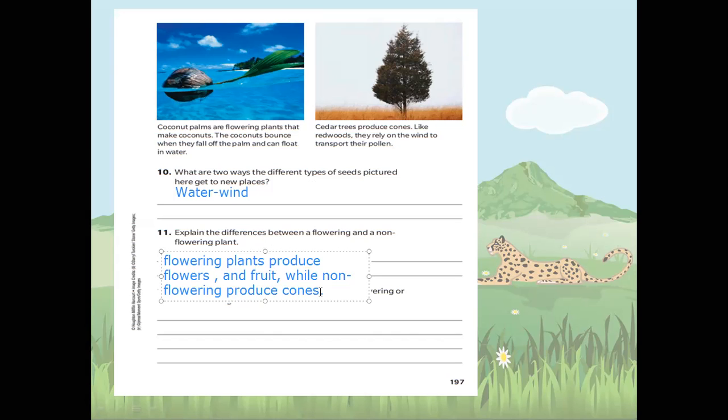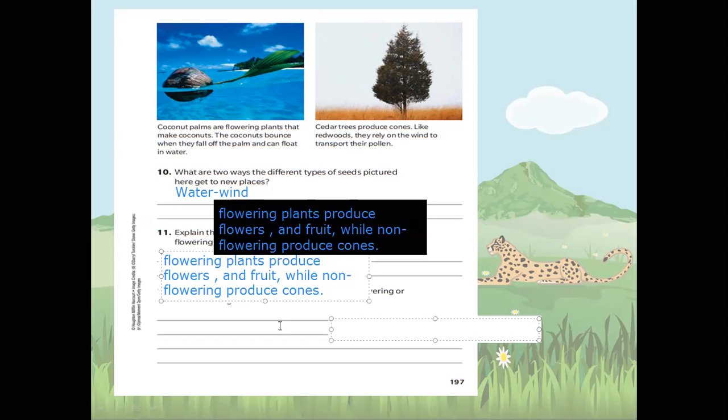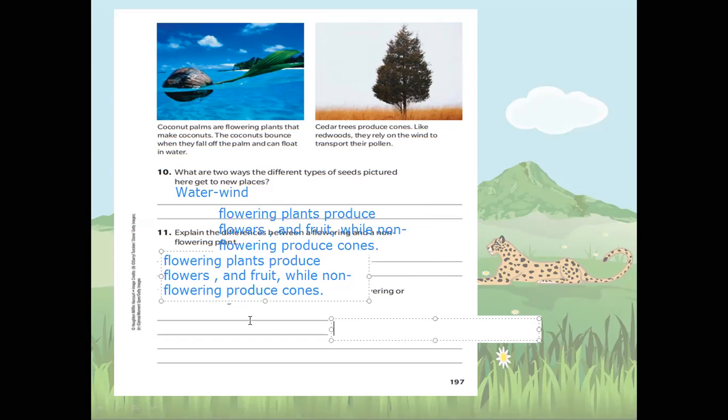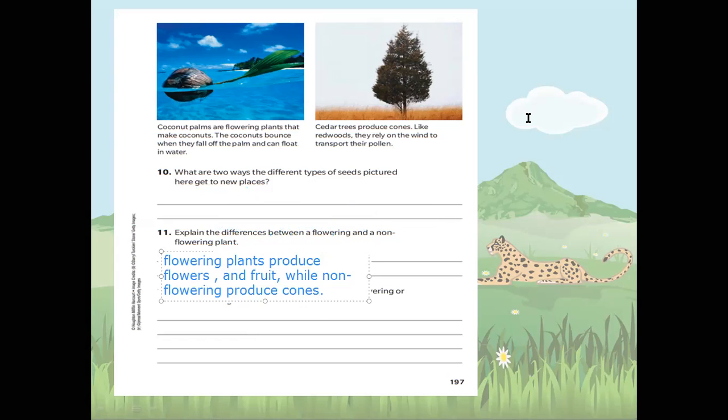Question 12 is asking us to give examples of other flowering and non-flowering trees.